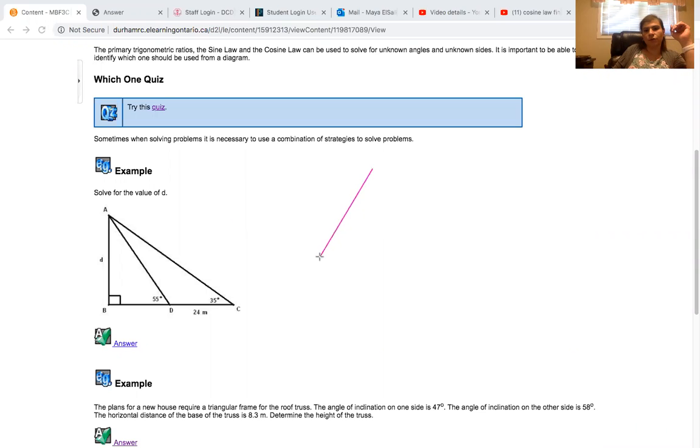So this is my roof. Now, angle of inclination means angle of elevation. So the angle of elevation of the first, what does it say here? The first side is 58 degrees. So this is my angle of elevation here. So that's 58 degrees.